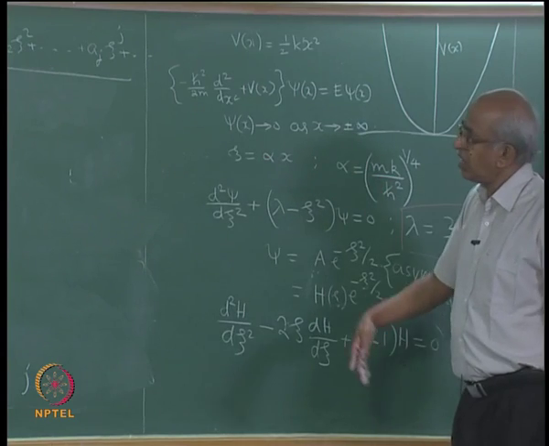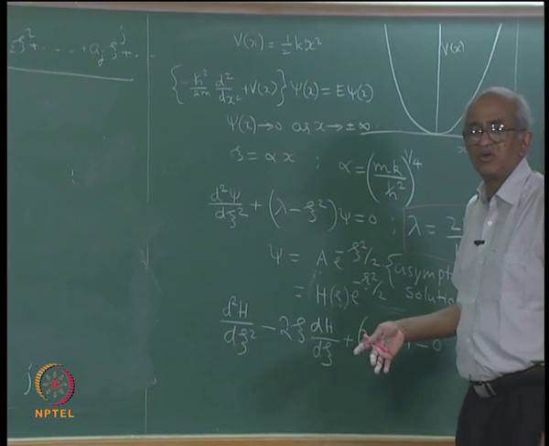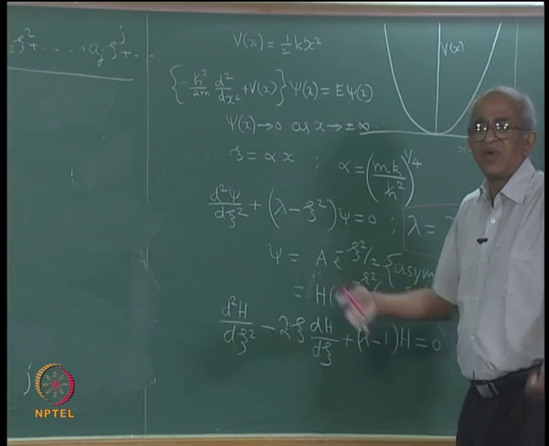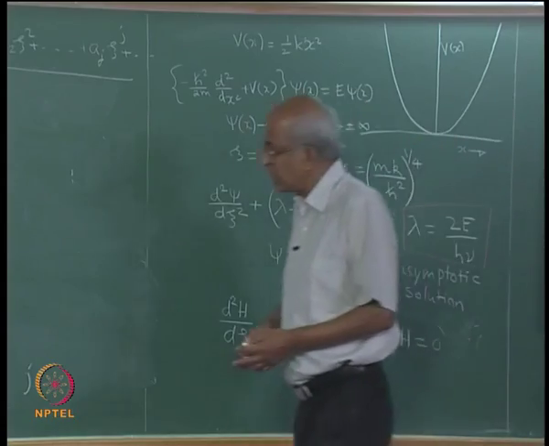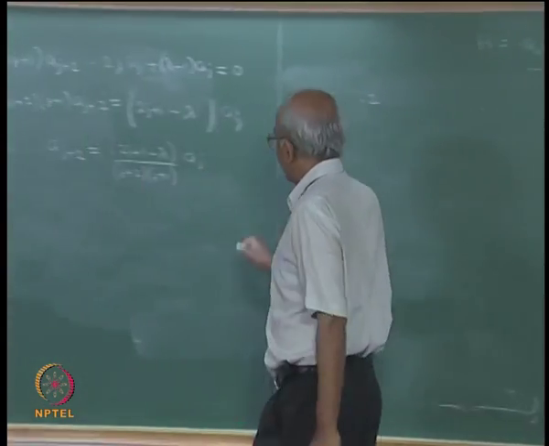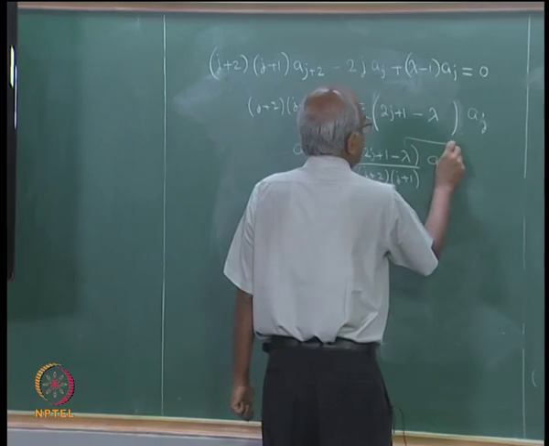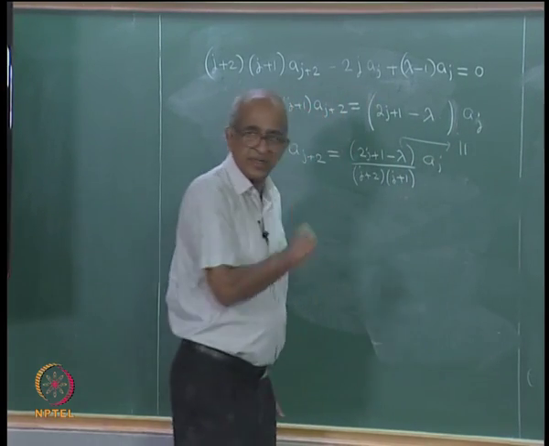But suppose it so happens that lambda is equal to, let us say 11, suppose, just to illustrate. Suppose lambda is actually a number like 11. So, if lambda is equal to 11, what will happen?